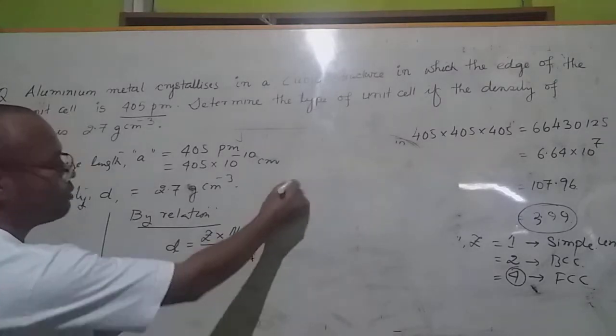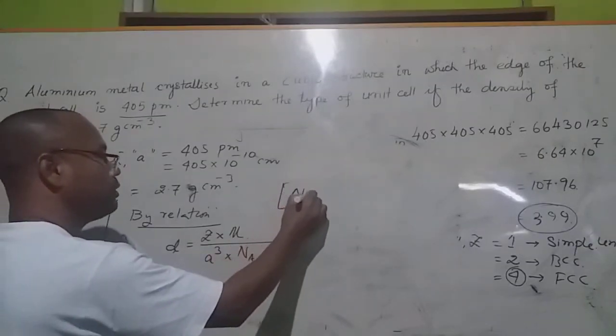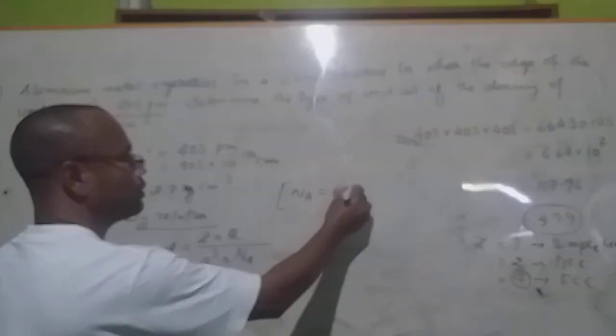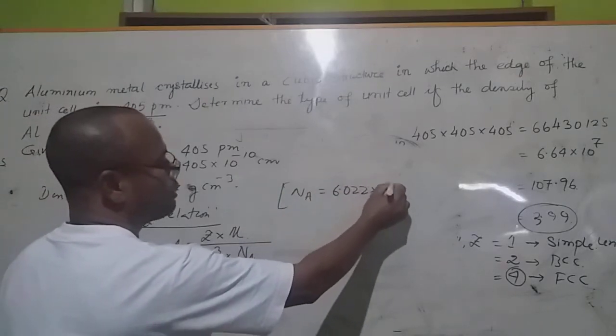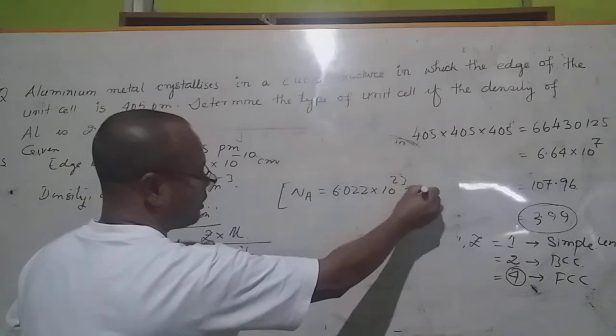Now what is Avogadro's number? I think you remember, 6.022 into 10 to the power 23 per mole.